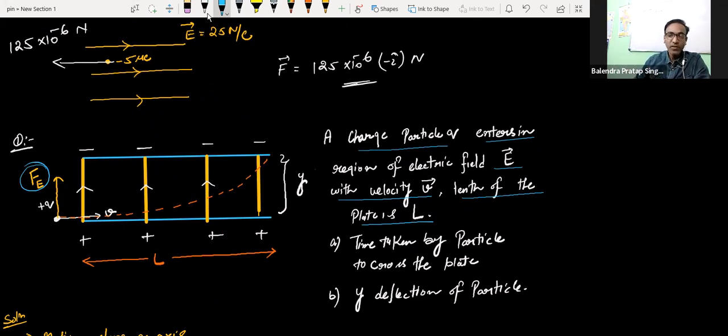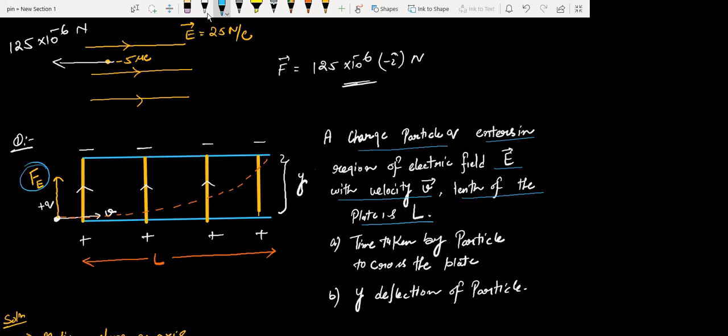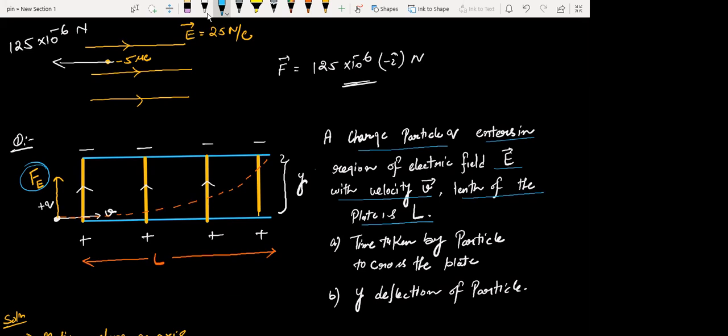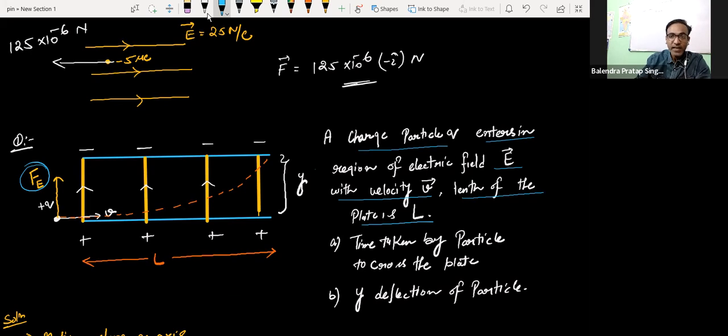I think it was your problem. Is it clear now? Yes, sir. Sir, what about the force? What about the force, the magnitude of the force? No, sir, the direction. The direction: I'm saying that the direction is along the y-axis. The direction of the force, as I'm drawing in the figure, is along the y-axis.